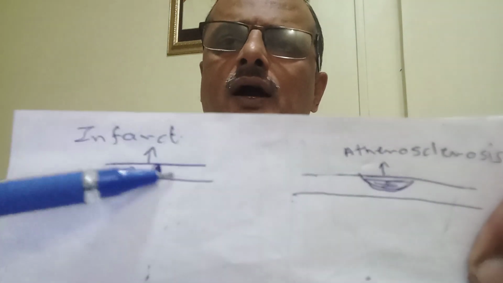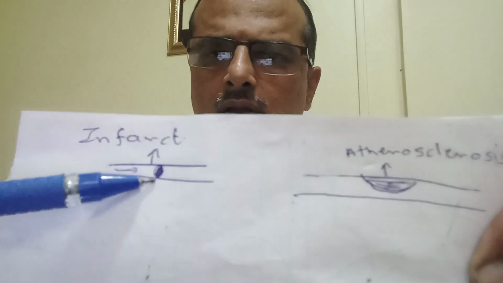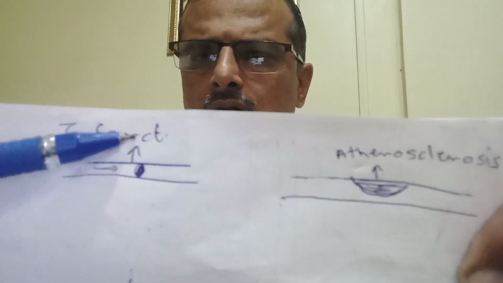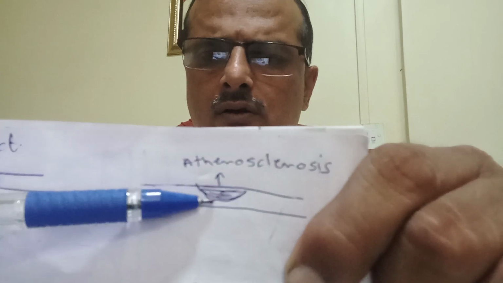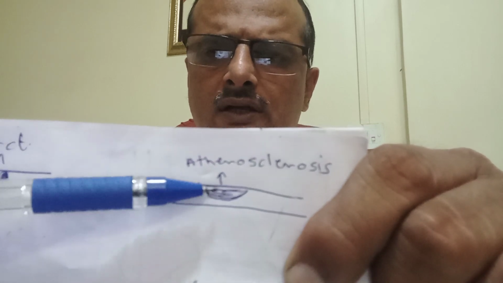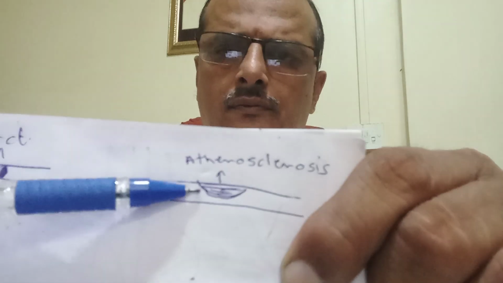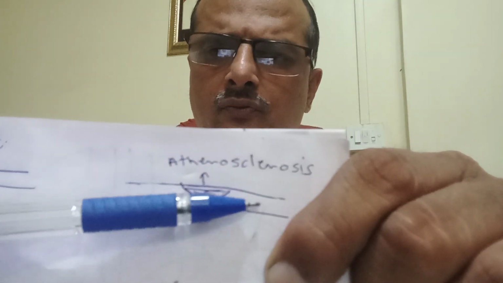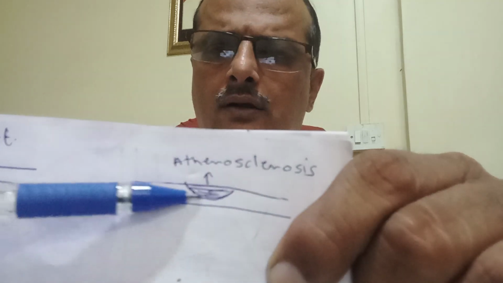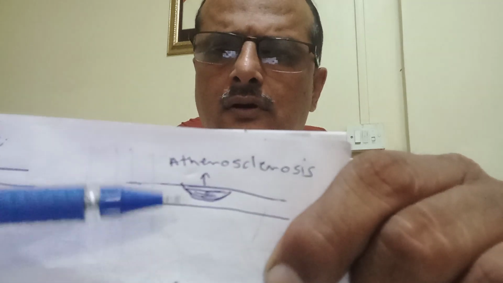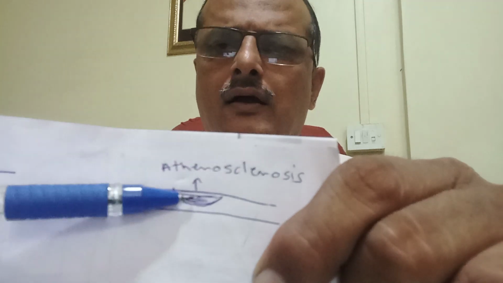Now in infarct there is a complete blockage of the lumen of the blood vessel, and that's why the blood flow stops. Here there is a gradual accumulation, but there is still some space for the blood to flow from this part to the other part of the blood vessel, or to the heart, after this accumulation.